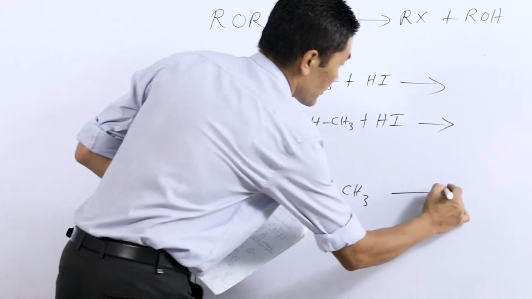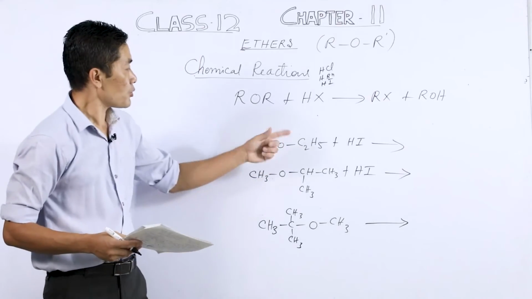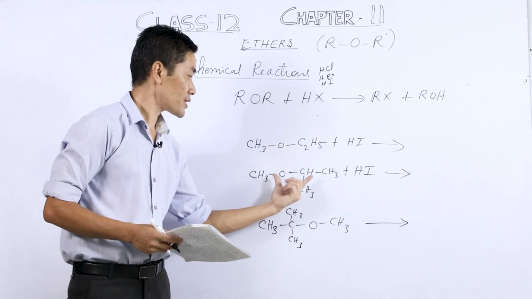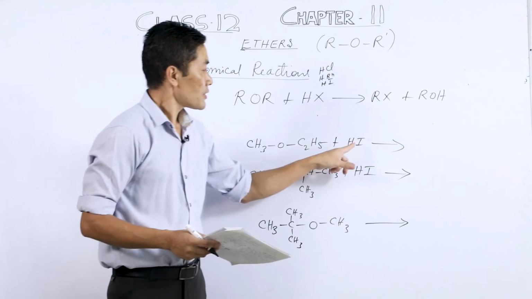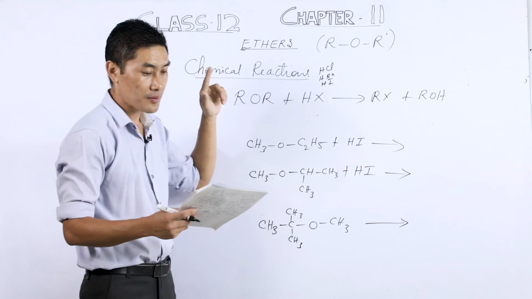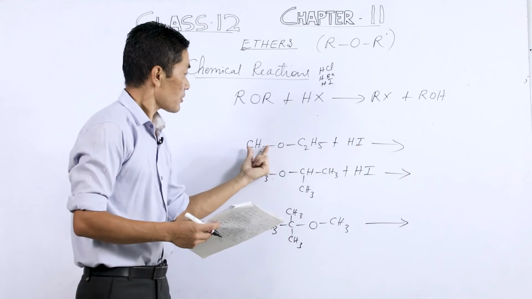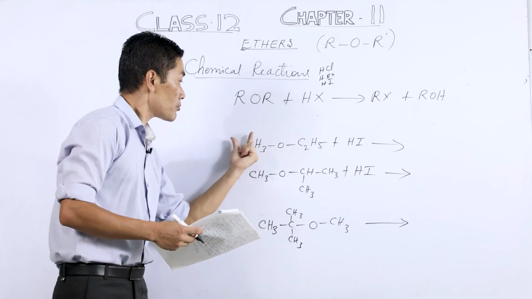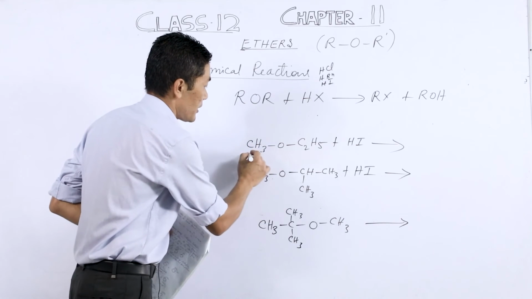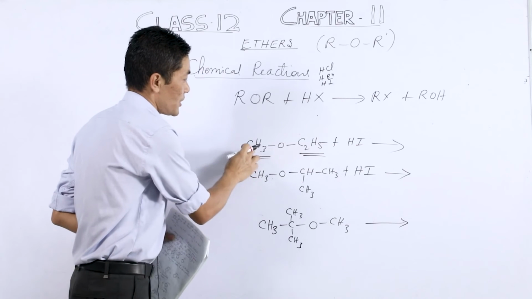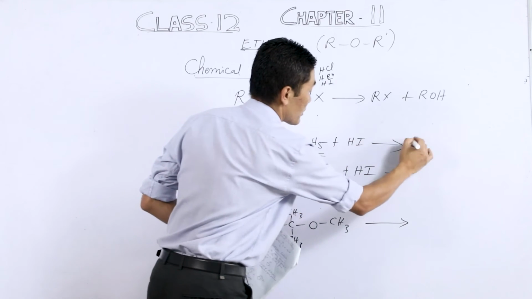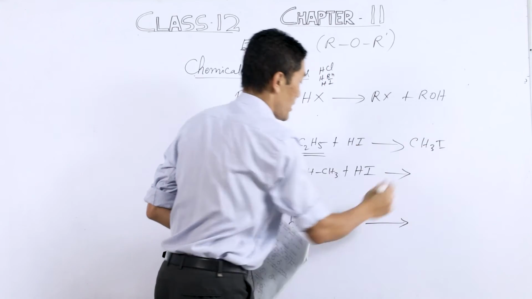Now, in the case of alkyl groups being primary or secondary, the alkyl halide will be formed from the smaller alkyl group. So here, the smaller CH3 group will form the alkyl halide. So we get iodomethane.